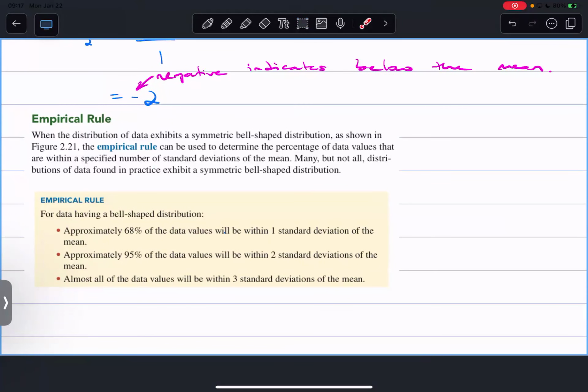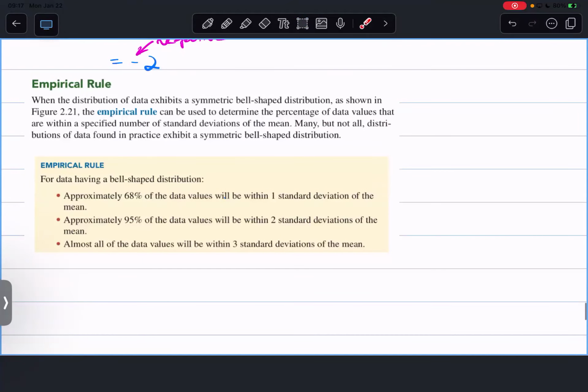The empirical rule says that approximately 68% of the data is going to be within 1 standard deviation of the mean. What does that look like?